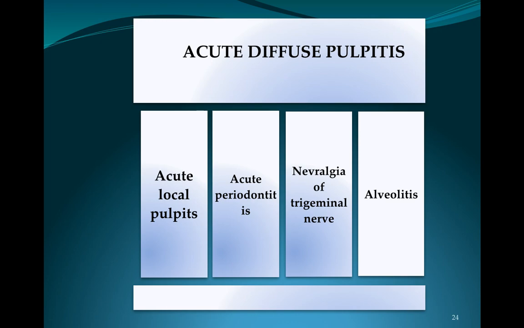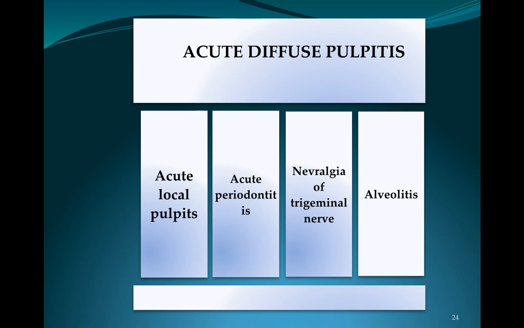Acute diffuse pulpitis we should differentiate also from neuralgia of trigeminal nerve. How can we do it? When acute diffuse pulpitis, pain increases slowly, but when neuralgia of trigeminal nerve, pain increases to the top immediately, during 20 or 30 seconds.